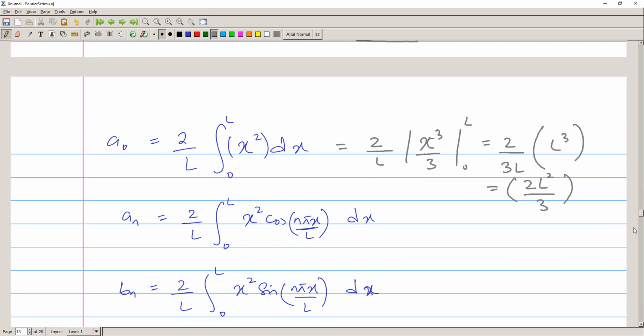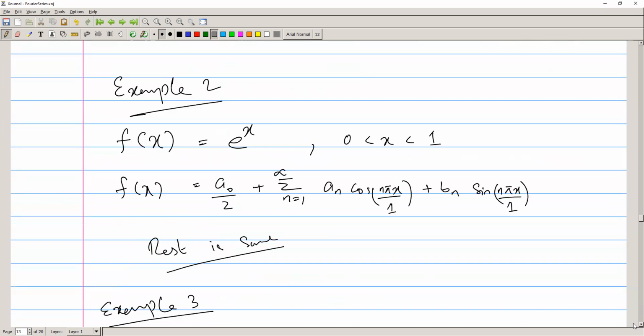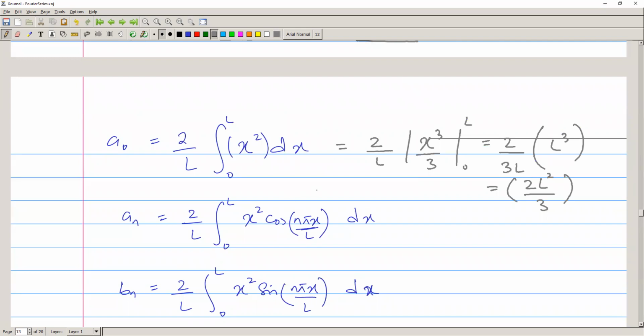And for a n similarly, we can solve in the same manner, and it's 2 over L integral 0 to L x squared cos n pi x over L, right?